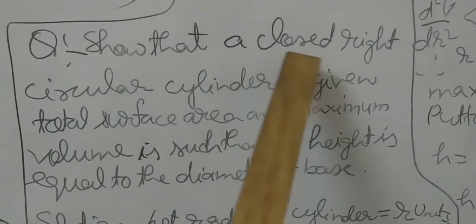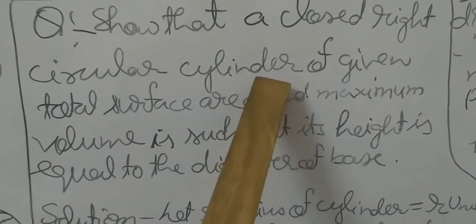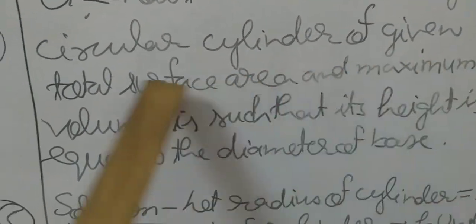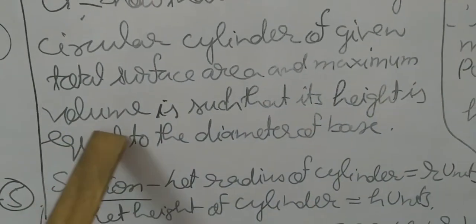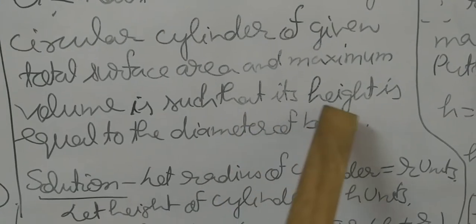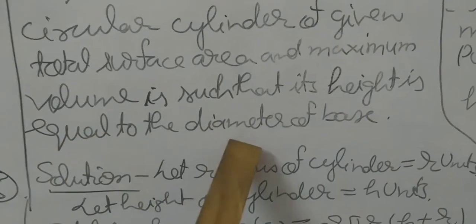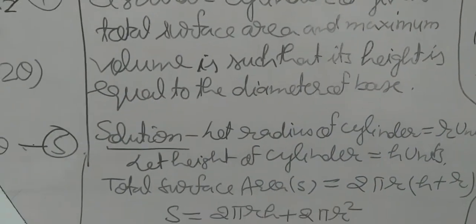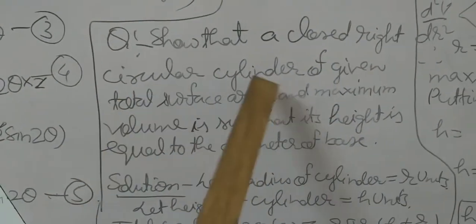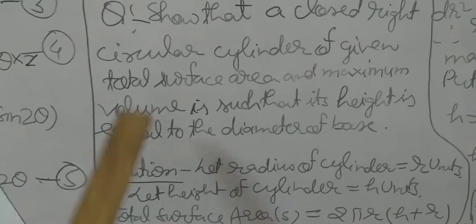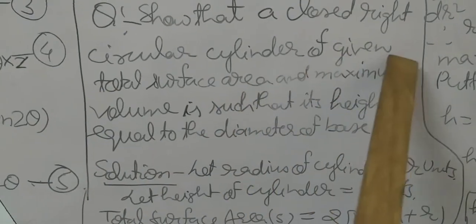Show that a closed right circular cylinder of given total surface area and maximum volume is such that its height is equal to the diameter of the base. A closed right circular cylinder is given and the total surface area is given.